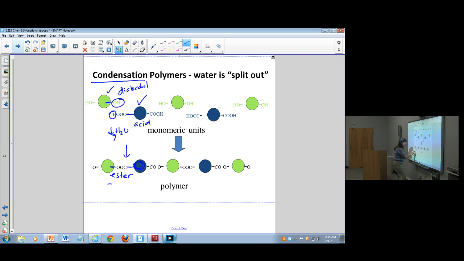If we were drawing this, we'd put in O, C, O, and then our next polymer unit. Okay, so it just happens to be an ester in that case. And since it did, I thought I'd keep it so I could show you that one more time. Okay, that's the end.